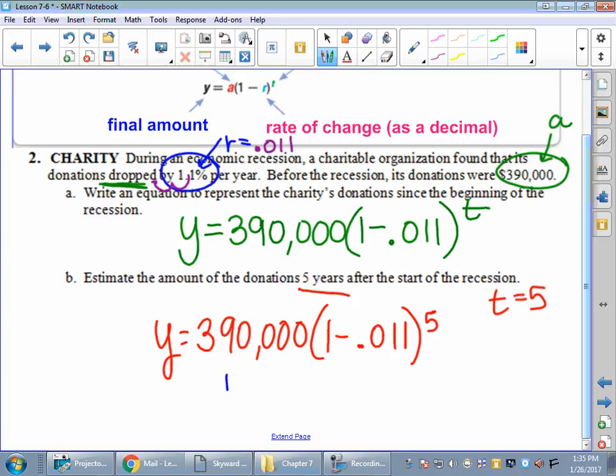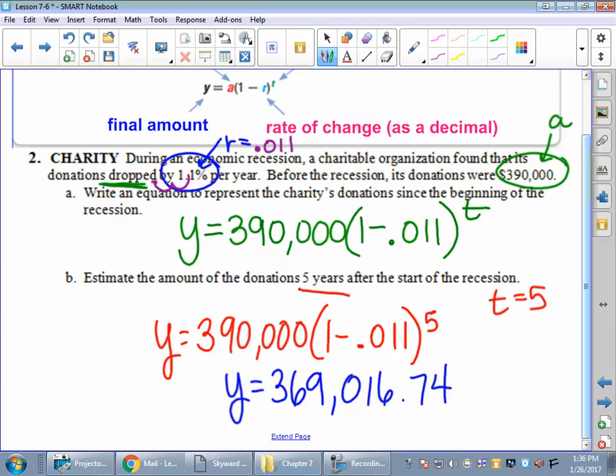Take that number, and you're never going to clear out your calculator or round anything. You're just going to keep adding on or multiplying on to the answer that you had previously. When I do that math, I ended up with $369,016.74.